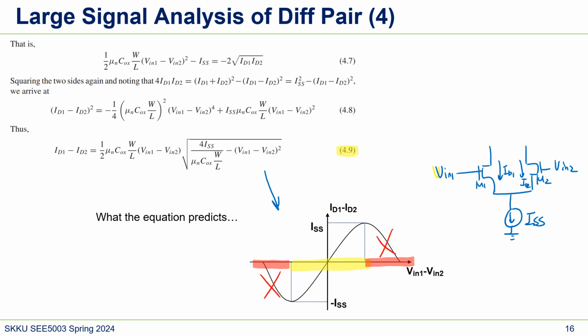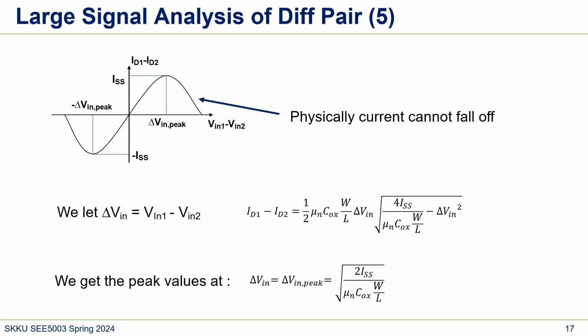And then let's see why this equation breaks at these two points. We'll see why this part doesn't make sense, and then we can define this Vin peak here. So let's see how it works.